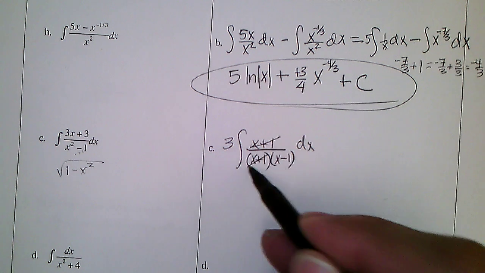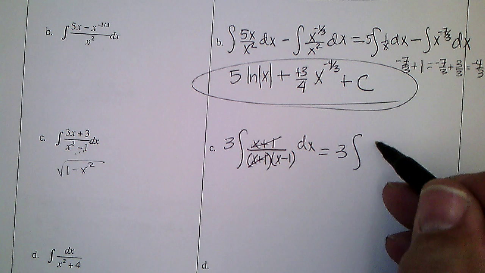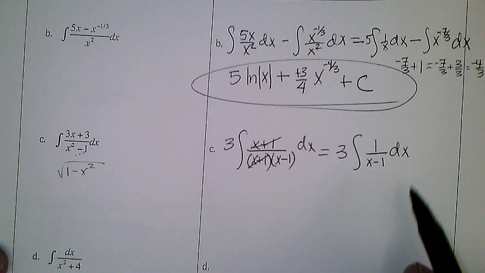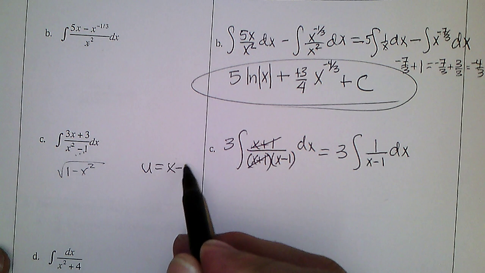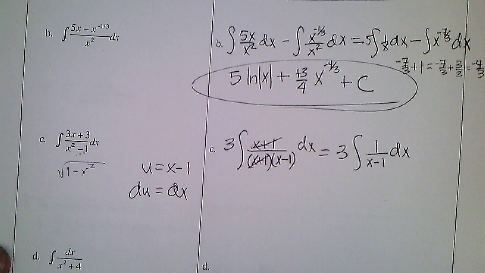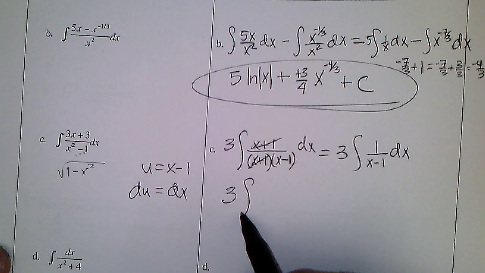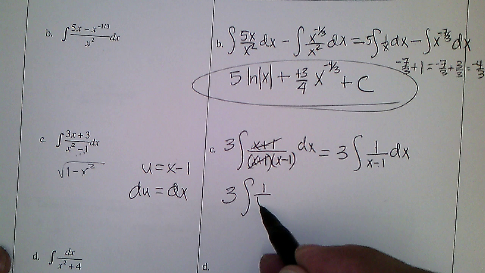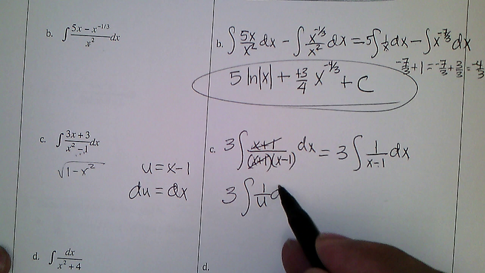And then these would cancel, and so this is simply 3 times the integral of 1 over x minus 1 dx. If you're not sure how to integrate that, you can let u equal x minus 1. du would be dx. So this becomes 3 integral of 1 over u, and dx can be replaced with du.